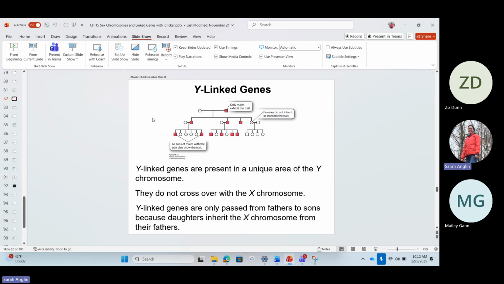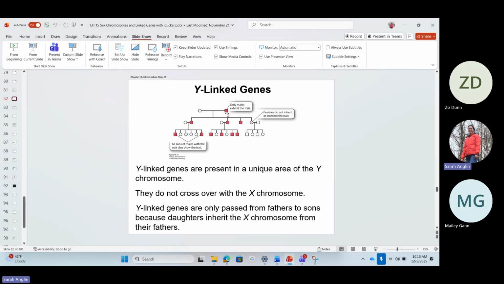If any kind of mutation happens in a gene on the Y chromosome, we will see a pattern where all the male offspring of an affected sperm donor will have that affected gene as well.